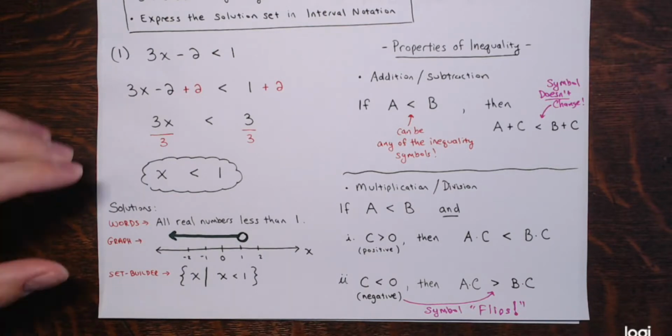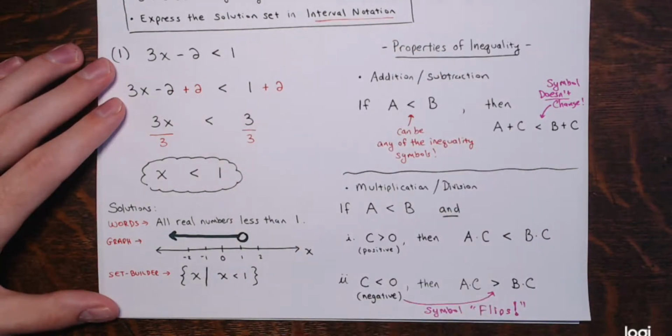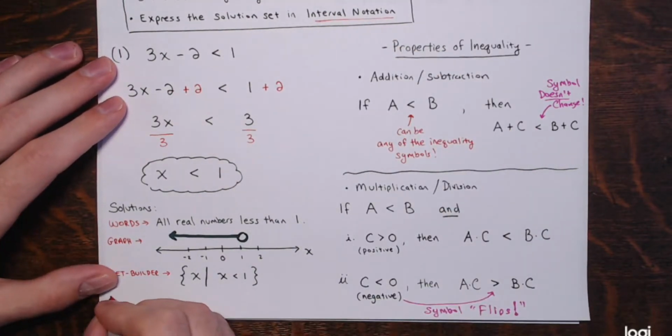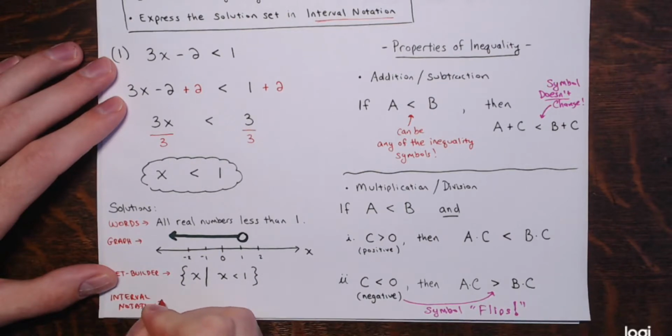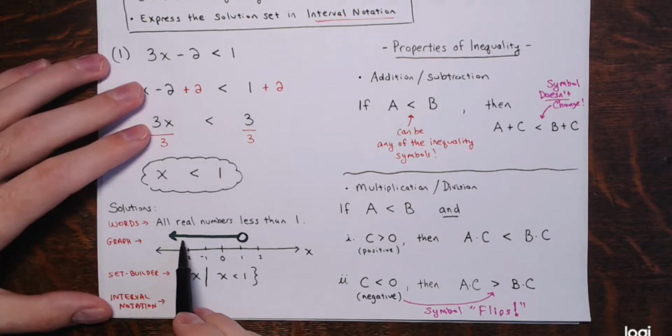And then finally, what they want us to write the solution set in is interval notation. Again, I'm assuming you know how to do this, that you've seen my previous video or read the book or seen other videos or readings. I like having the picture up.